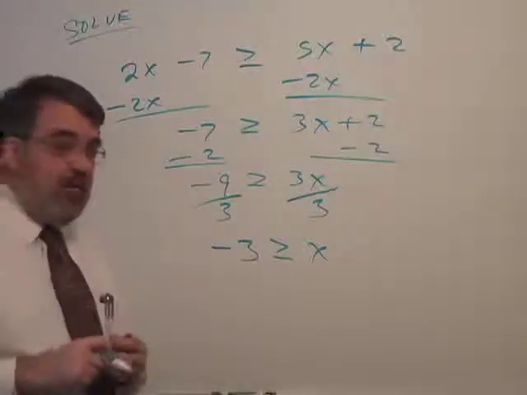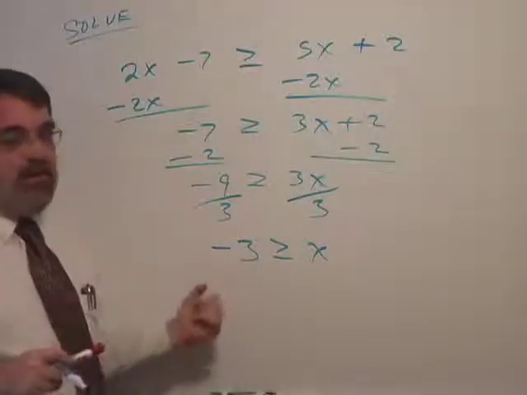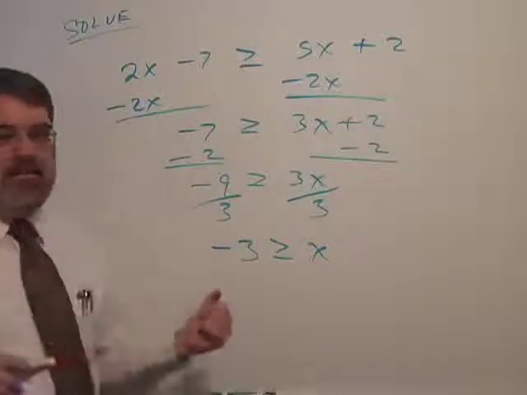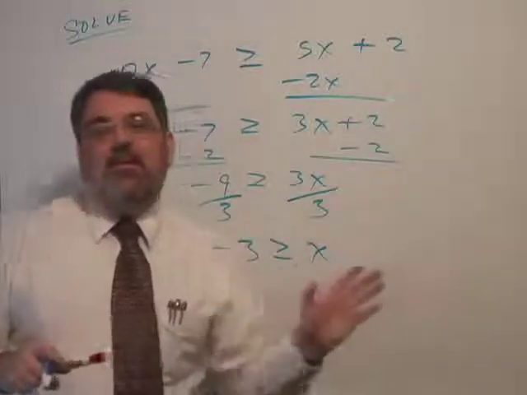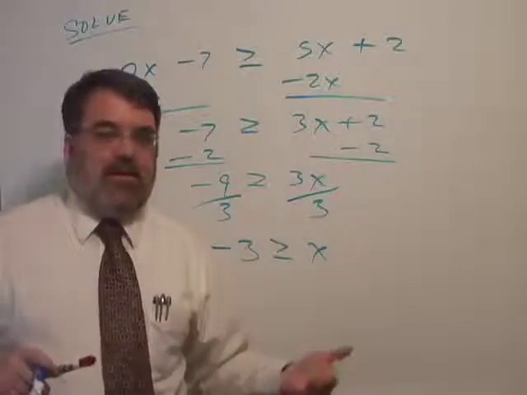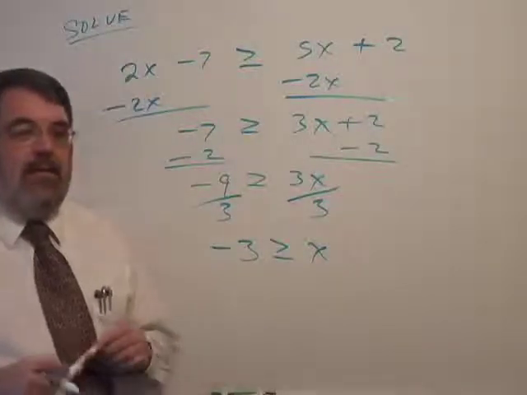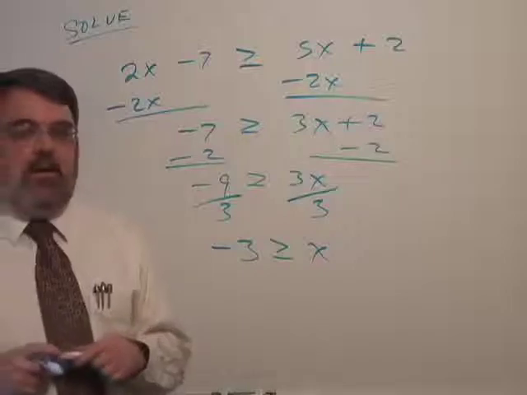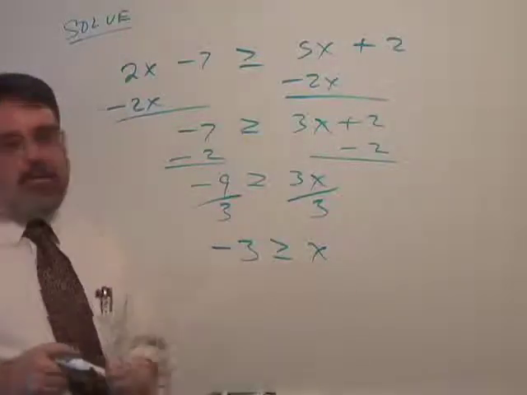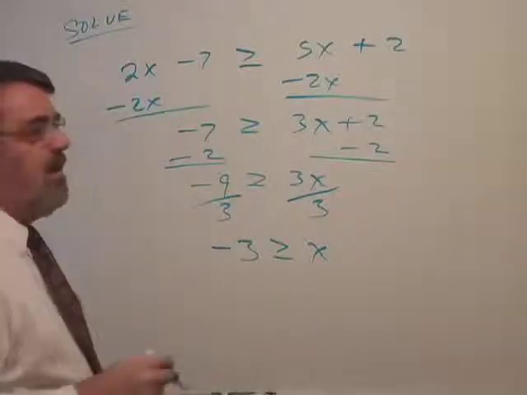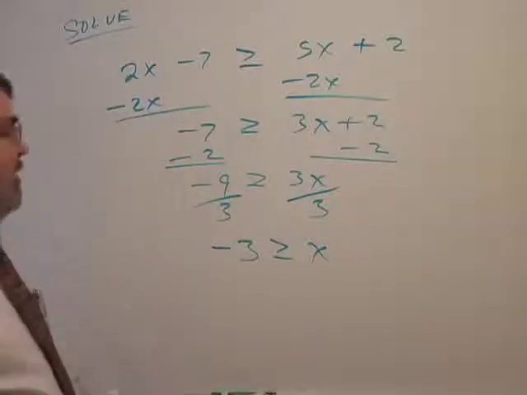Now, I would encourage you to put x on the left side, because where we're headed next is we're going to graph these on number lines and also write the answer out in a different format called interval notation. But the graphing on the number line, people will mess it up frequently if they have x on the right side. So to make a case for that, put x on the left when you're done.